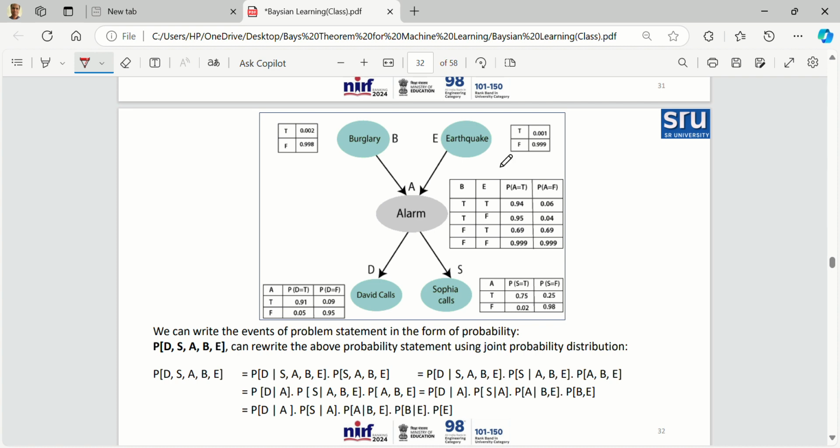Earthquake true is 0.001 and false is 0.999. Alarm will be affected by B and E. So true true 0.94, true false 0.95, all the true cases, false true 0.69, false false 0.999. D depends on the alarm, David calls 0.91 true, false 0.05. Sophia 0.75 true, false 0.02.